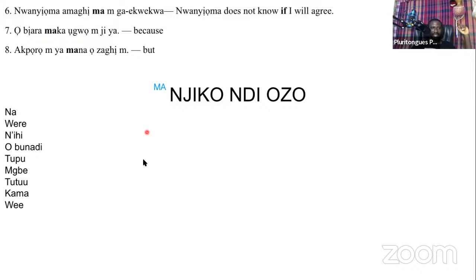Or let's take this one. Nwaanyị ọma amaghị ma m ga-ekwekwa. Nwaanyị ọma amaghị ma m ga-abịa. So here it's if. Nwaanyị ọma does not know if I will accept, if I will agree to that. All right.